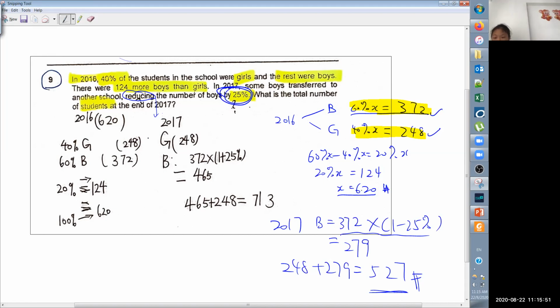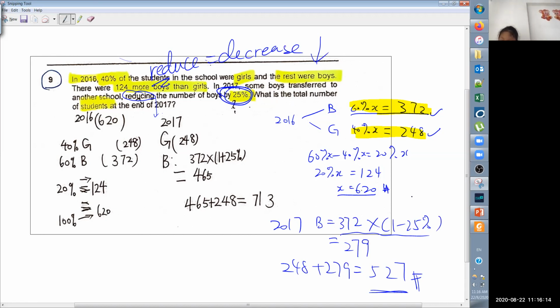So reduce, the meaning of reduce is decrease. Decrease means come down.